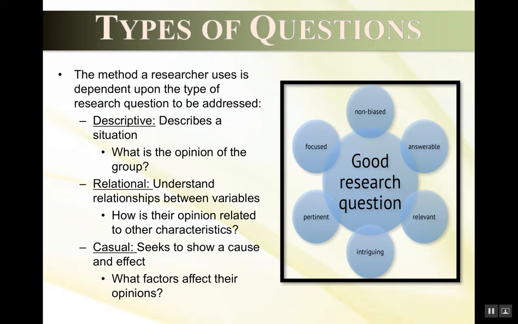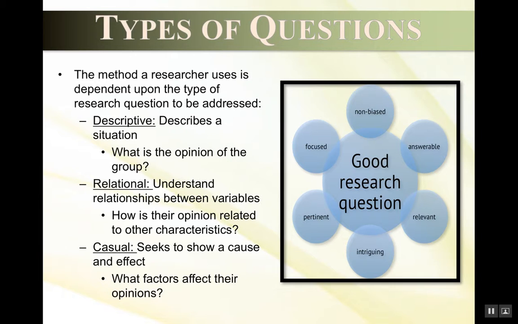Relational methods, this is where you're trying to understand the relationship between variables. So how is their opinion used to other characteristics? So understanding why they have that opinion would be a little bit more of a relational, or what caused them to have that opinion would be more relational.